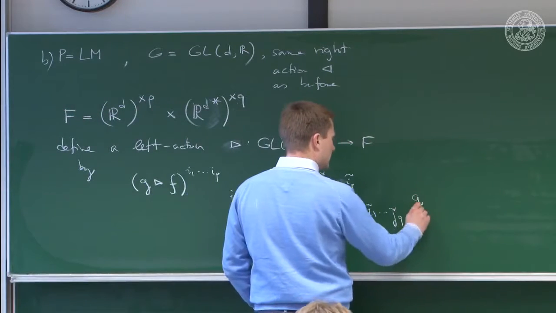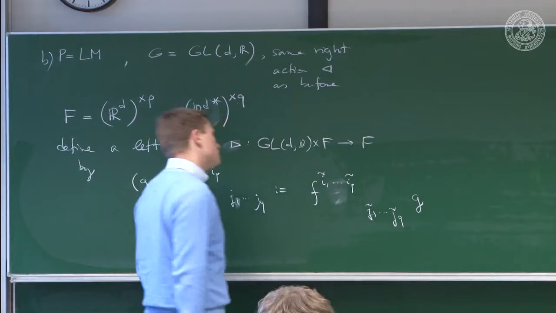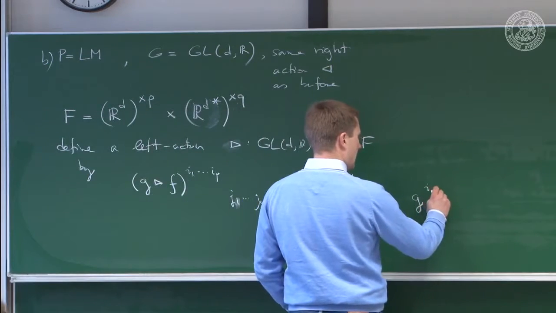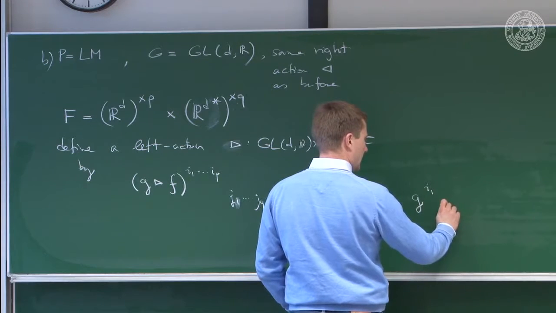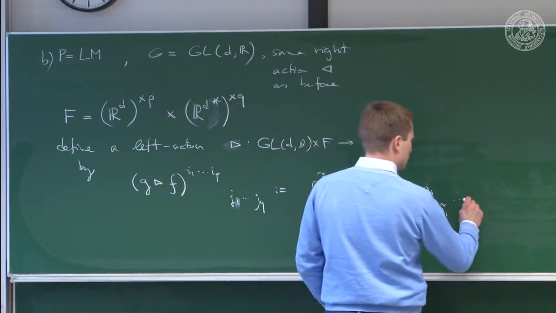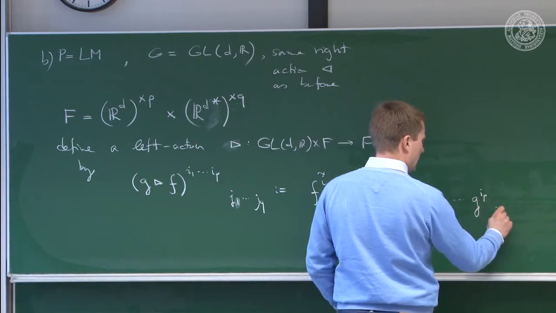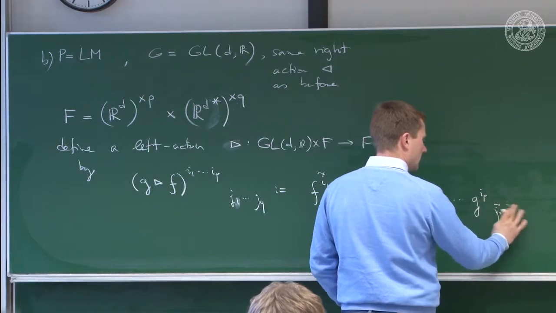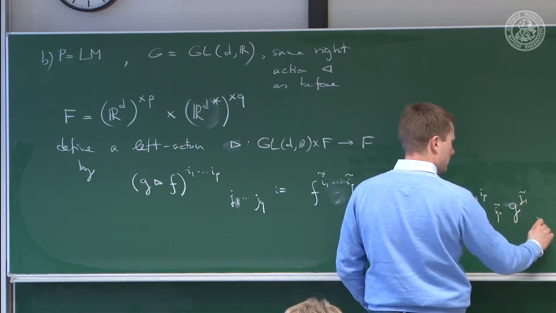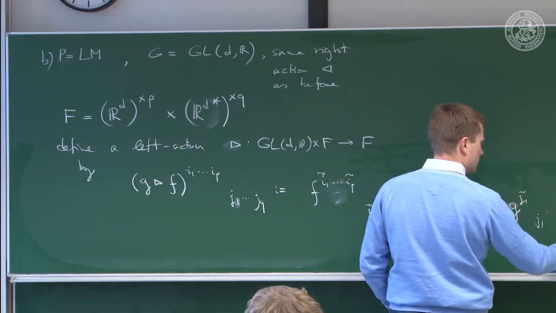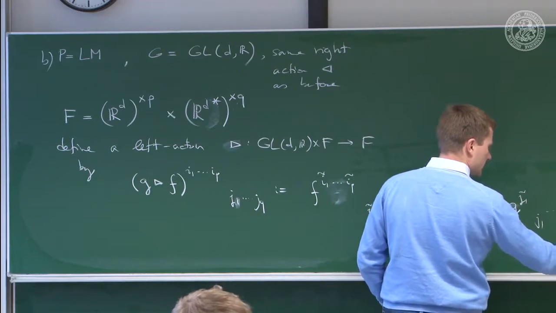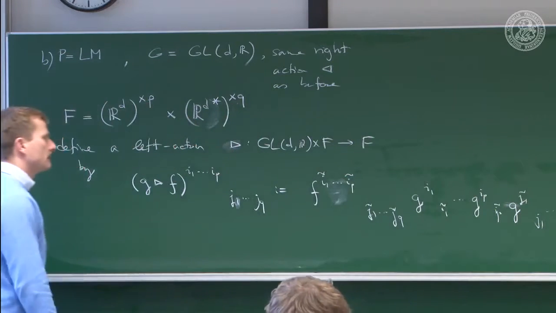And now every up index i we transform by g^{i_1} twiddle to g^{i_p} i_p twiddle, and then j_1 twiddle up, j_1 down, to j_q twiddle up, j_q without twiddle down.